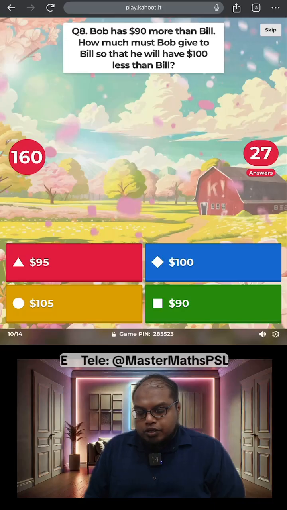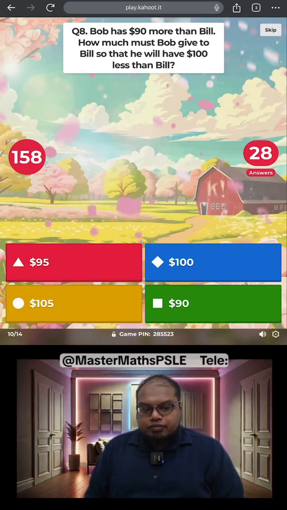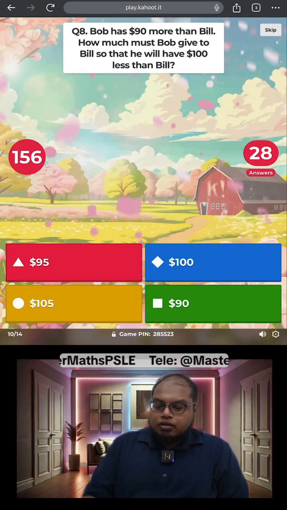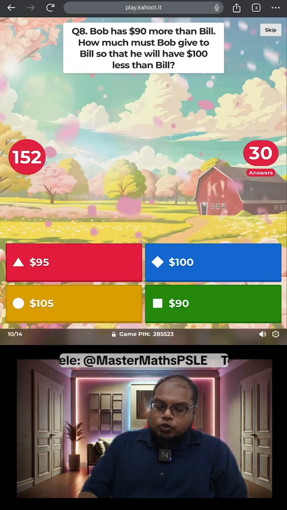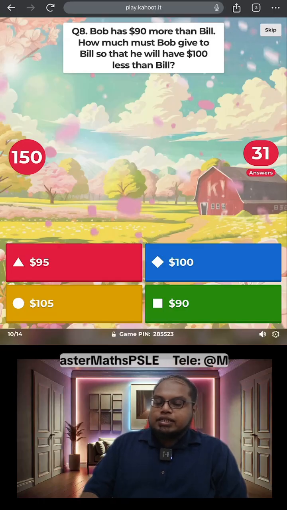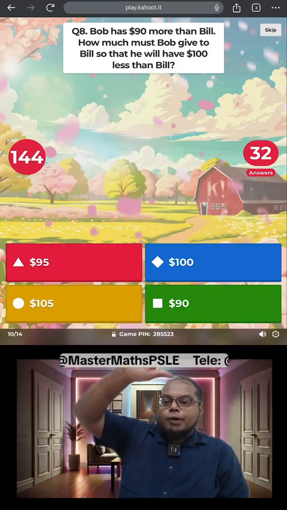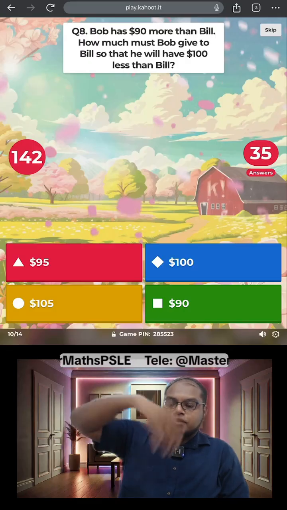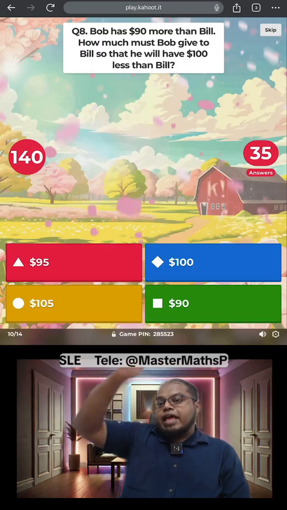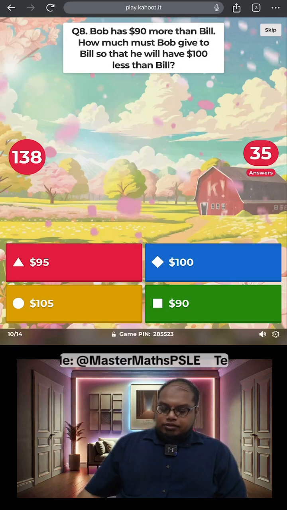Alright, so how do we do this? How much must Bob give to Bill so that he will have $100 less than Bill? Initially Bob was more. How much must Bob transfer to Bill so that he will be less than Bill?